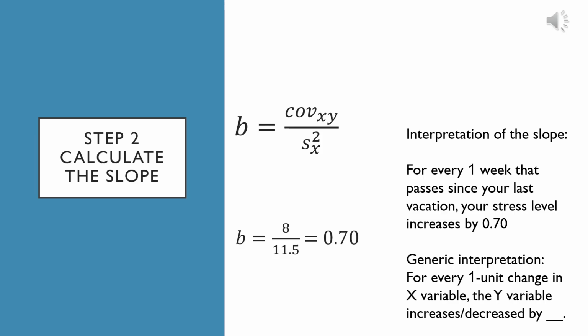So the slope is all about a 1 unit increase in the x variable yielding what kind of change in the y variable. It could be negative, right? Slopes can be negative or they can be positive. In this case, it's positive, and so that means that as more weeks go by, stress increases. If it was negative, it would say as more weeks go by, stress decreases. But that's not what we're seeing here.